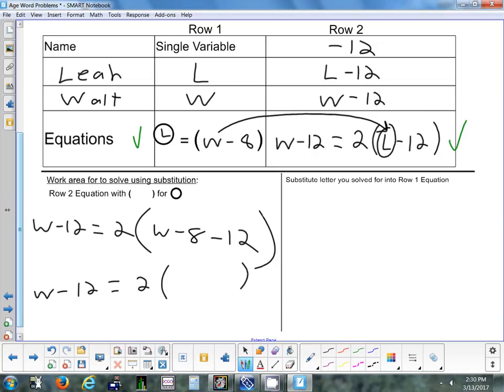Someone help Emma out. What's -8 take away 12? Not -4. That'd be 8 take away 12. It's -8 take away 12. -20. Okay. Now that we've combined those like terms, what can we do now?